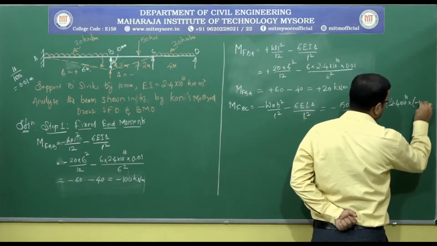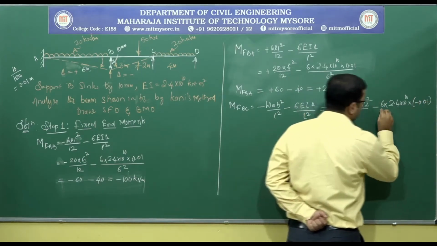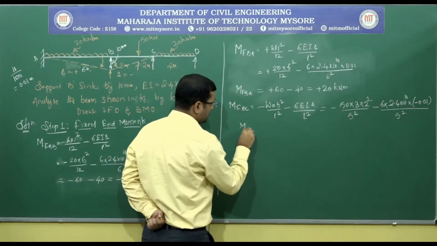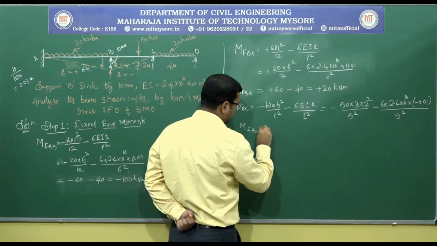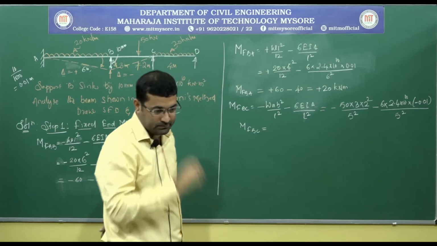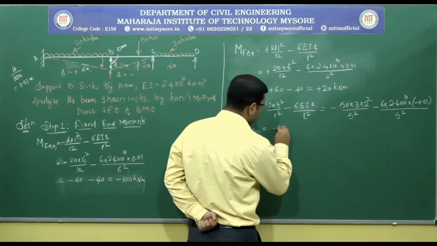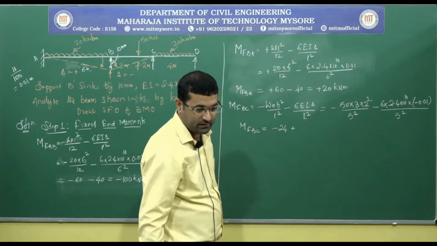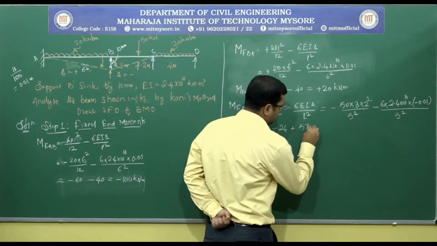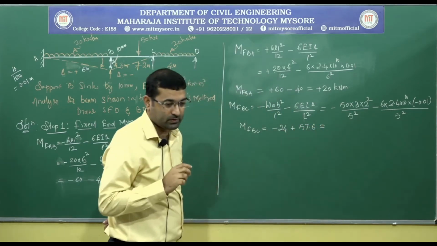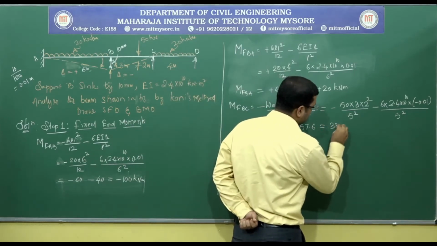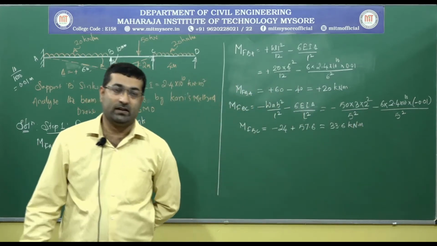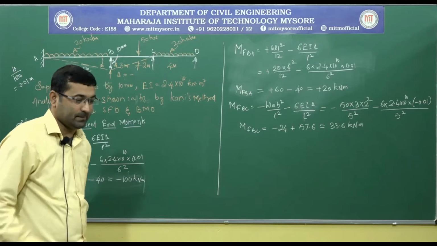The delta value is 0.01 divided by 5 square. This yields minus 24 plus 57.6, which gives you 33.6 kilonewton meter as the fixed end moment at B, that is MFBC.